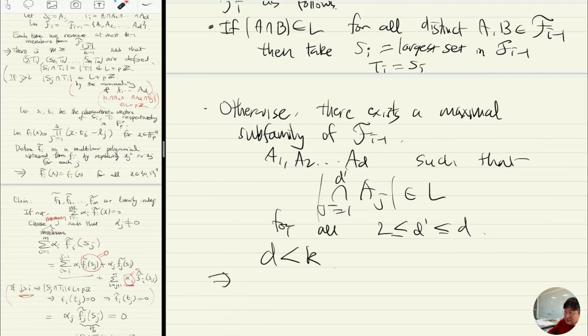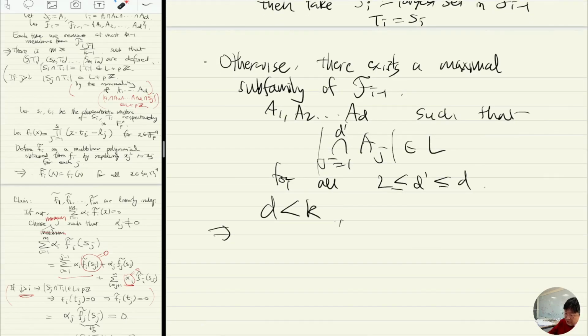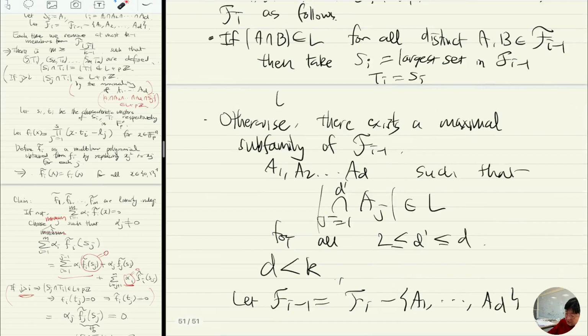Now let F_i be F_{i-1} minus all these things. Or in the previous case, F_i equals F_{i-1} minus S_i.